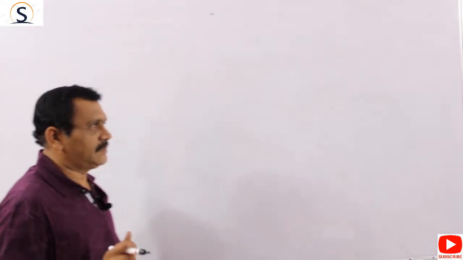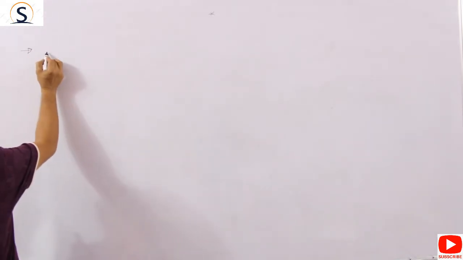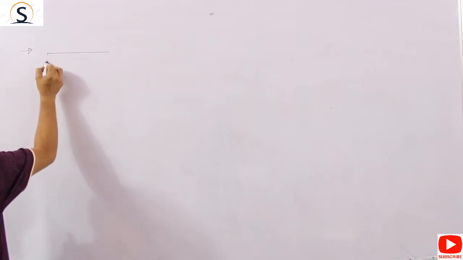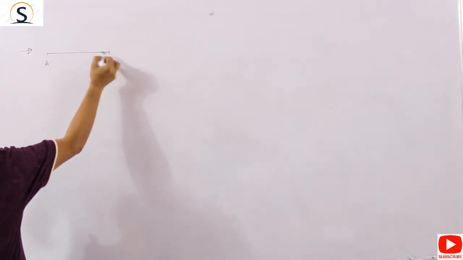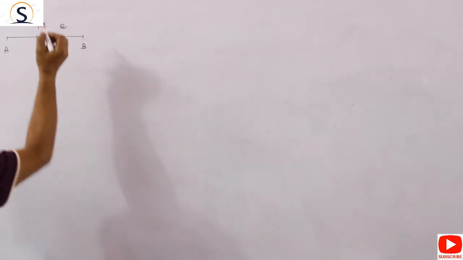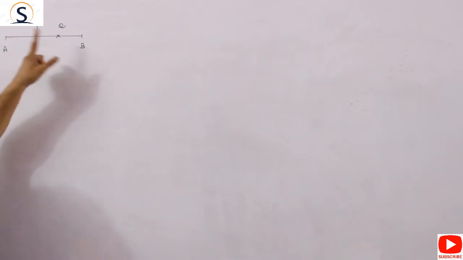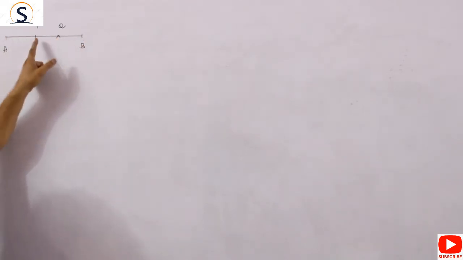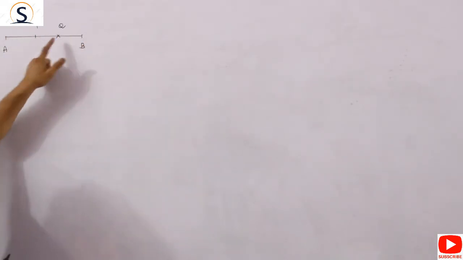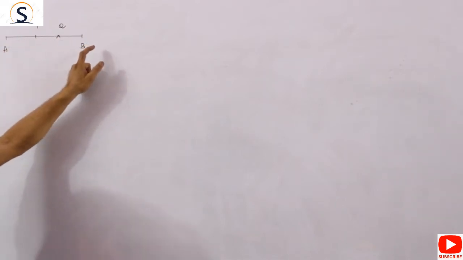The next topic is points of trisection. Now AB is a line. There are 2 points P and Q. P is dividing the line AB in the ratio of 1:2 and Q is dividing AB in the ratio of 2:1.